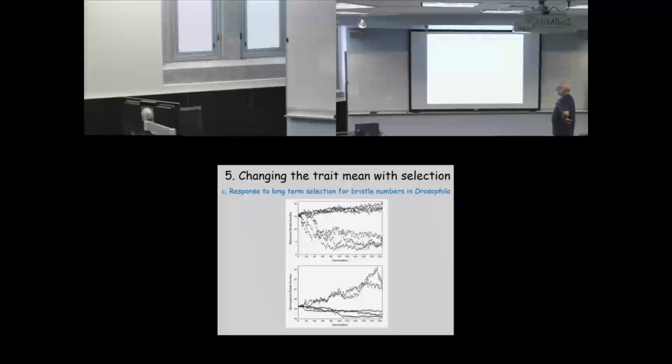These are very simple-minded experiments in the sense that you're doing truncation selection, and every generation you're trying to impose the same intensity of direction. The truncation point just moves over as the frequency distribution marches. But the reduced response that you see in certain directions, is that going to be reflected in different evolvabilities, do you think?